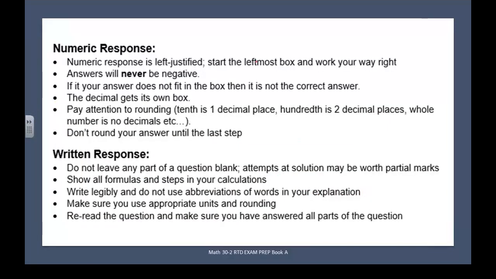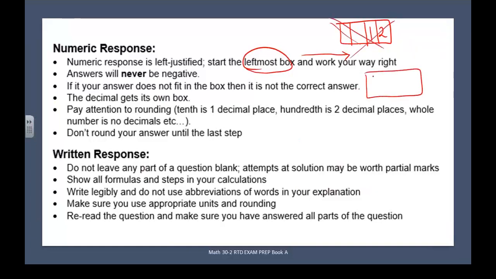Numeric response. You have to start at the leftmost box and work your way to the right. For example, if I wanted to enter the number 12, I would not write it like that. That would be wrong. I would start at the left box and write it like this. That would be correct.